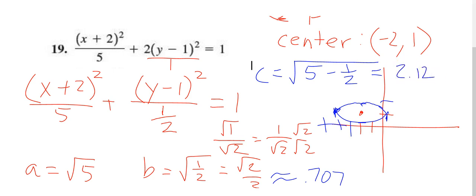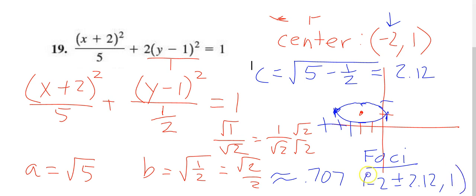What are we going to do with that, and which way are we going to use it to find the foci? You're going to go left and right, because the major axis is horizontal. That's true. So from the center, we would be adding and subtracting to which, the x or the y? The x. Since I just want to do this really quickly, I'm going to say -2 plus or minus 2.12, comma, 1.